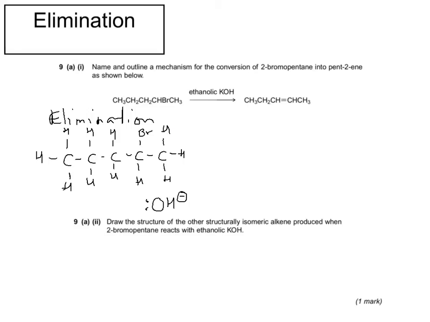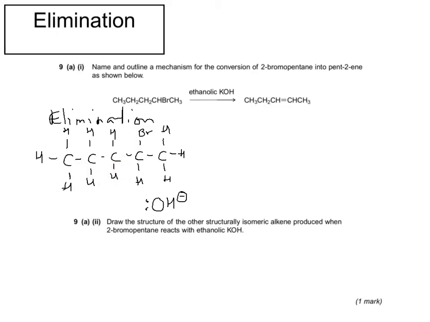Now, as you can see from the product, the double bond occurs here between the second and third carbon along. And so it is this hydrogen that must be attacked. Even though one of these 3 could be attacked, you need to look at the question and make sure you follow the product that's been formed. If no product was given, then it wouldn't matter which side, but because the product is given, you need to make sure you attack the right hydrogen. So we're going to attack this hydrogen here.